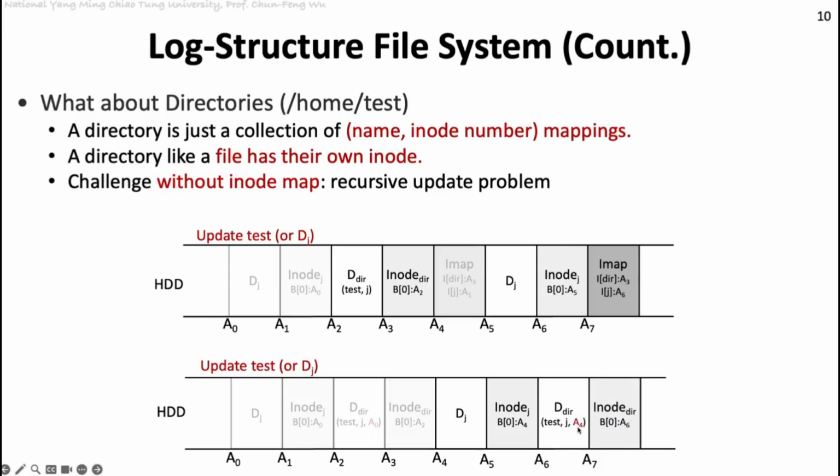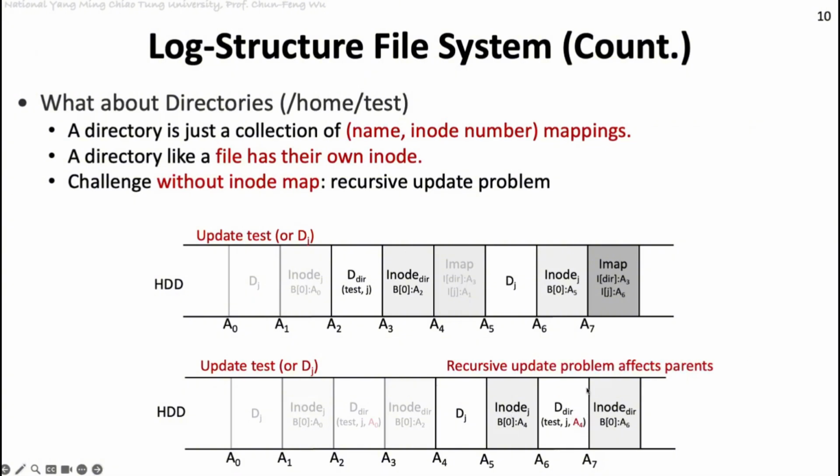So if there is no inode map to summarize the inode information, and there are only inodes, then when we update data in some place, we also need to update all the parent directories along the path. There will be a recursive update. The recursive update problem affects the parents and causes a performance issue.